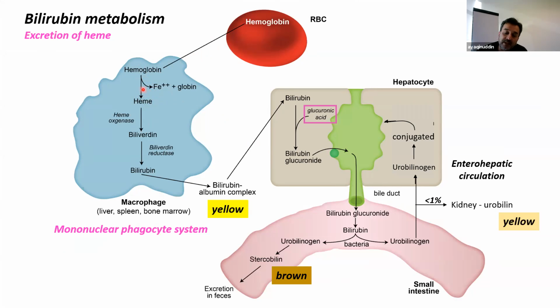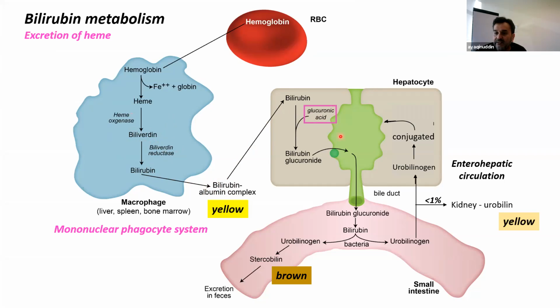Within the macrophages, heme is acted on by heme oxygenase to be converted into biliverdin. Biliverdin is then converted by biliverdin reductase into bilirubin, which is released by the macrophages, bound to the albumin complex, and taken all the way to the hepatocytes.